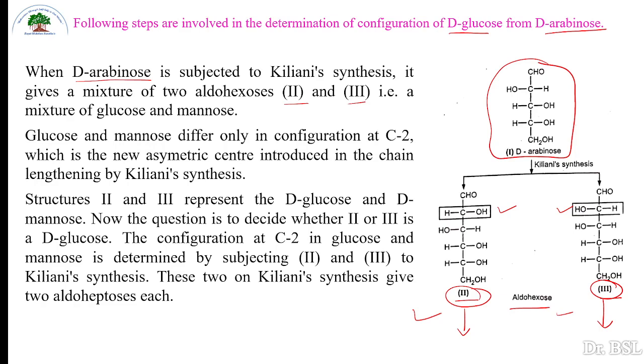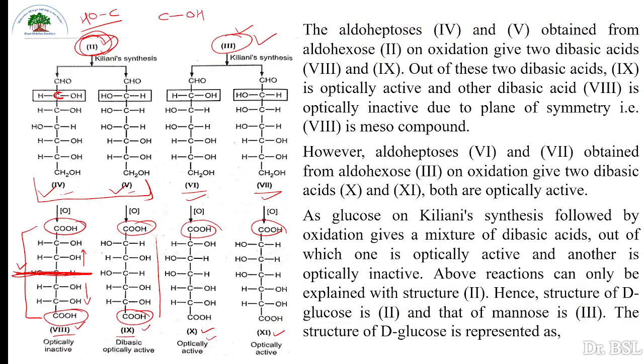if the structure of glucose were the third, then after the Kiliani synthesis and oxidation, we must get two optically active compounds. But this is not the case.